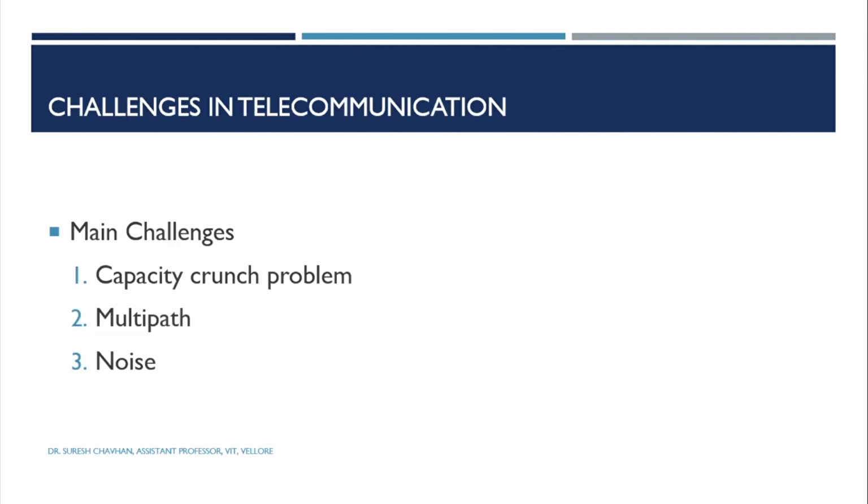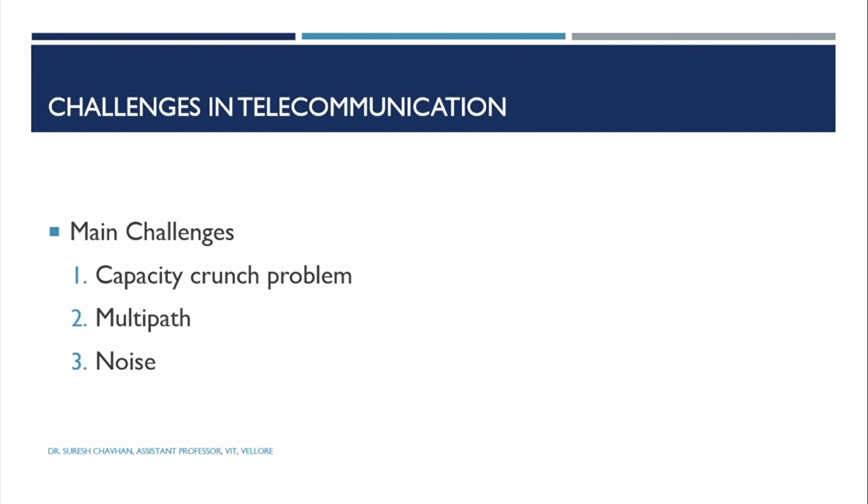Then there are a few challenges in the telecommunication network, and here I have mentioned the main three challenges. The very first one is the capacity crunch problem, the second is that multipath noise is a challenge, and we will also have an interference challenge. Suppose you consider two cells, cell 1 and cell 2.